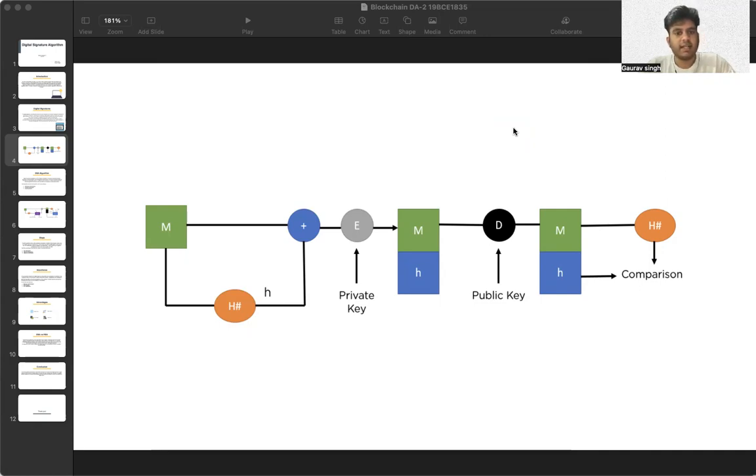Once it decrypts the message, it is passed to the same hash function H to generate a similar digest. Then it compares the newly generated hash with the bundled hash value that was received along with the message. If they match, that verifies the data integrity.